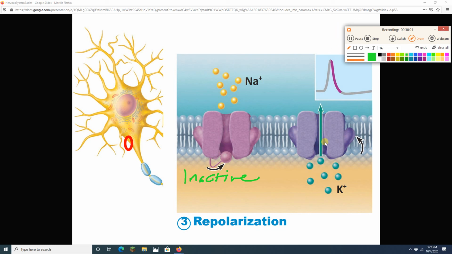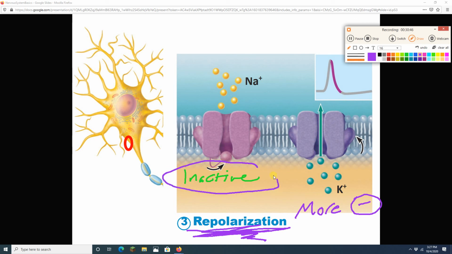This efflux of potassium is going to make the interior of our cell more negative. It's going to return it to the resting membrane potential. This is known as repolarization. So during this period of repolarization, my potassium channel is wide open, but my sodium channel is inactive. This is important, that inactivity. This is going to come back to haunt us. Don't forget that. Keep that in your brain.